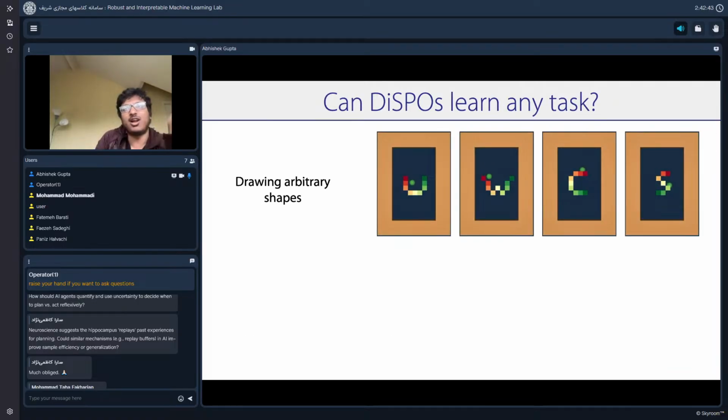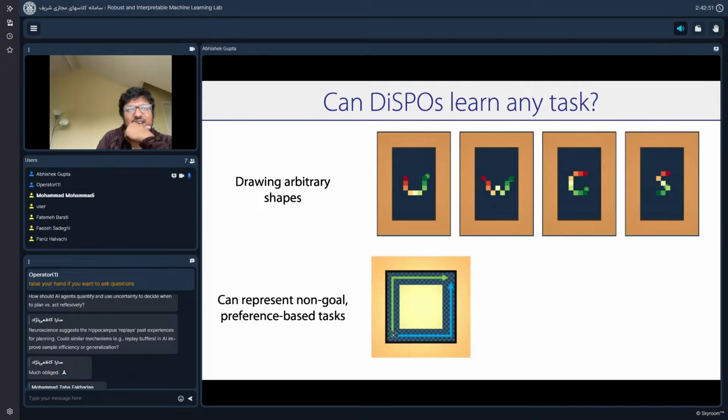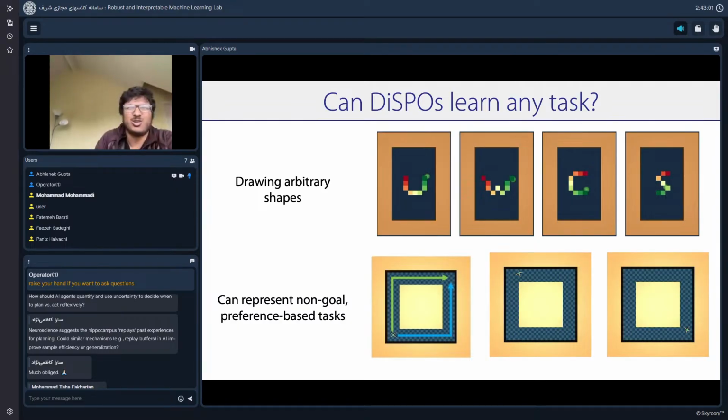And you can also learn arbitrary tasks. So one thing that my student asked the system to do was to draw this character UWCS, right? You don't have to do only goal reaching tasks. You can do tasks that obey preferences, like you want to go towards the left or you want to go towards the right. So the point is that it's arbitrarily flexible.